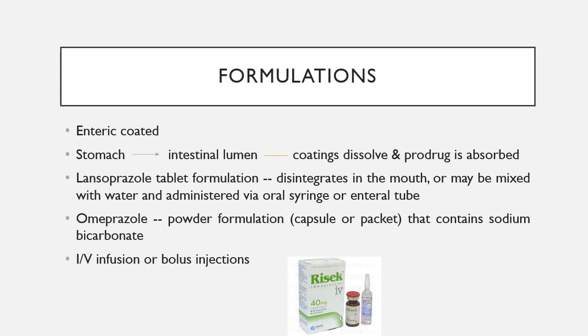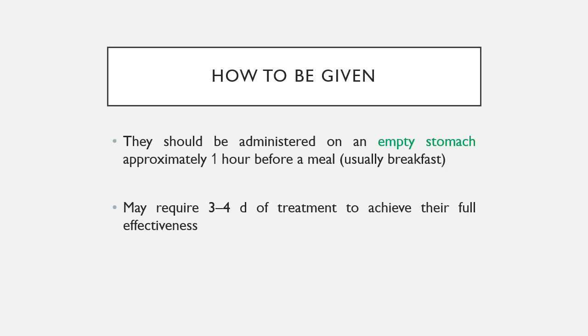For children or patients with dysphagia or who are on enteral tubes, the capsule formulations can be opened and the granules mixed with apple or orange juice or some other juice and then given to the patient. So how should these drugs be given, or at what time?